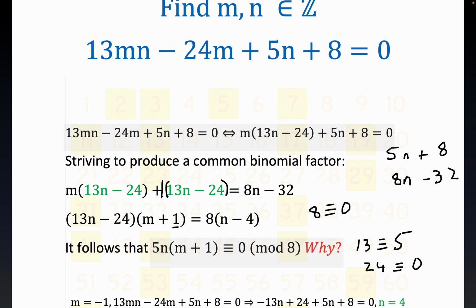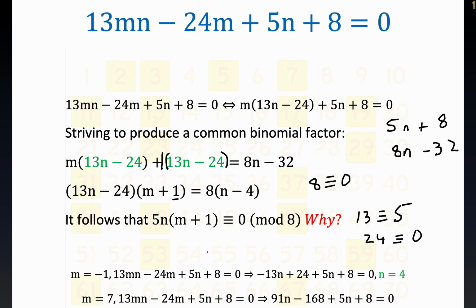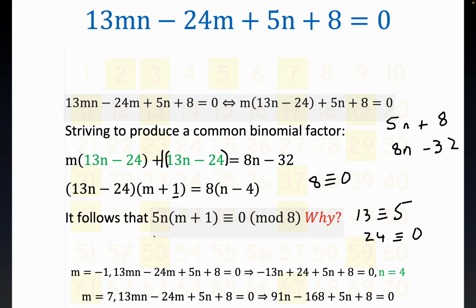So now let's move along. Right off the bat, you can see that m equals negative 1 is going to be one of the solutions. If you put a minus 1 right here, you get 0 on the right-hand side, and anything divides 0. Also, m equals 7 would give you another possibility.